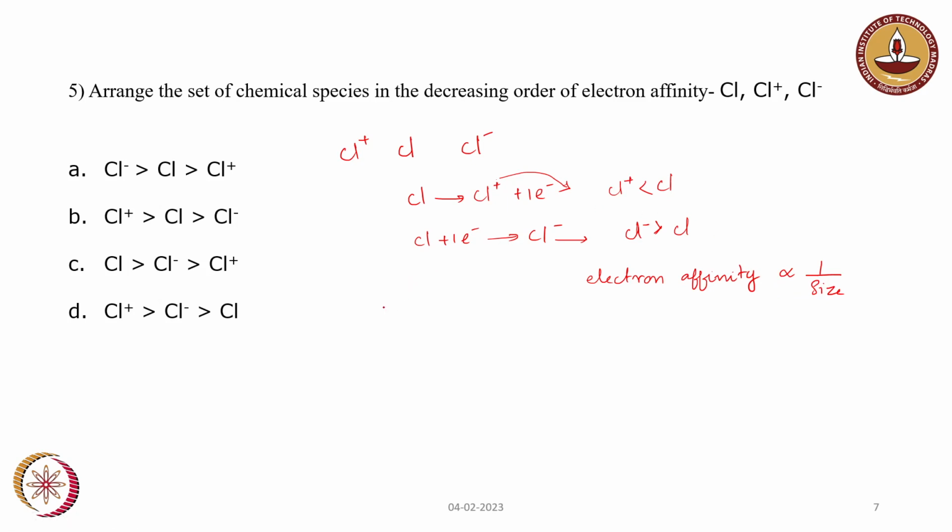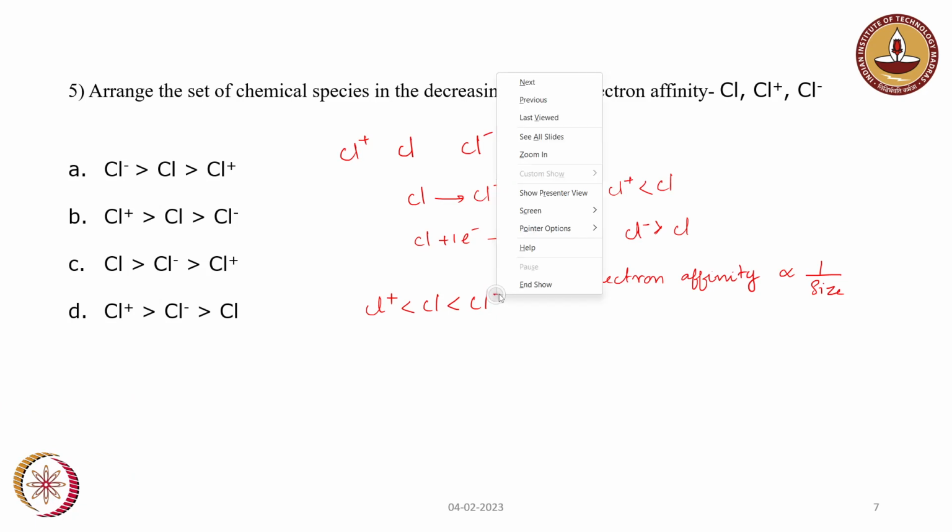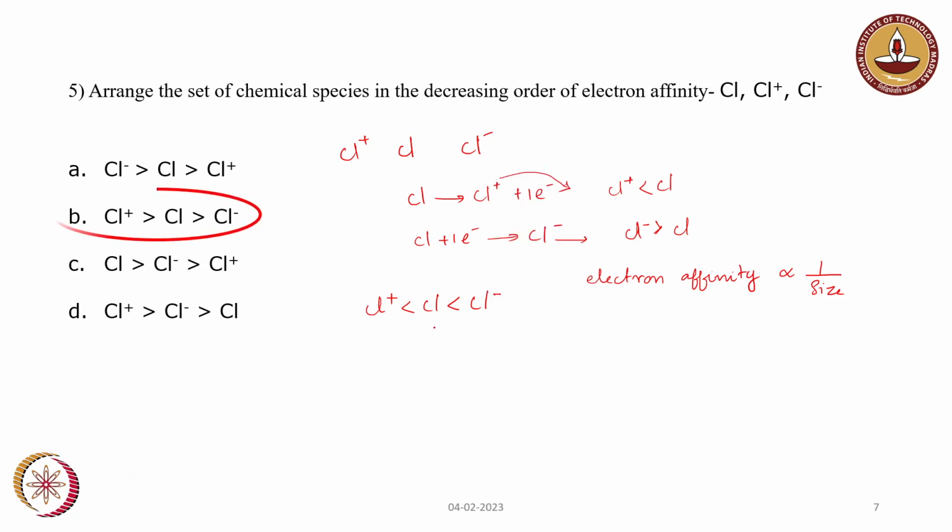So the order of size is Cl plus less than Cl less than Cl minus.